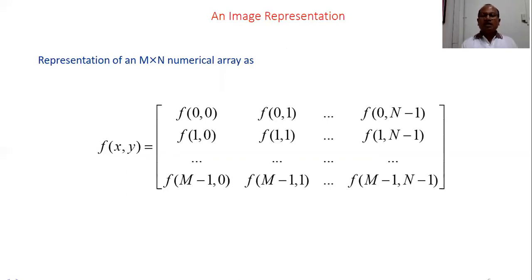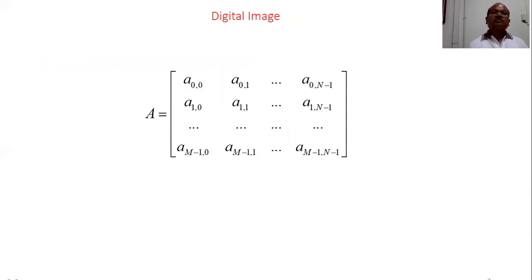And Fm minus 1, n minus 1 is the last element of the last row and last column. So these are the different positions of pixels when the dimension of an image is m cross n.